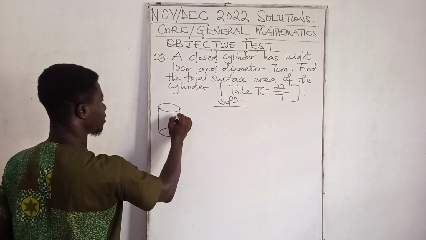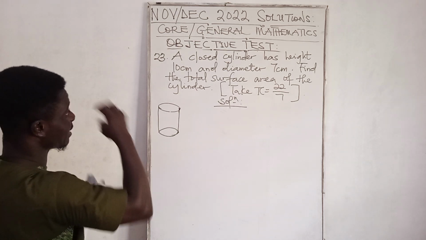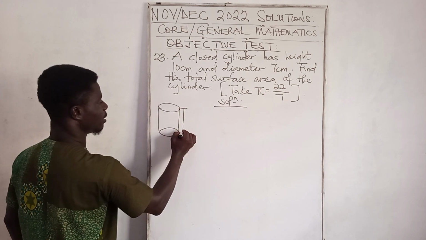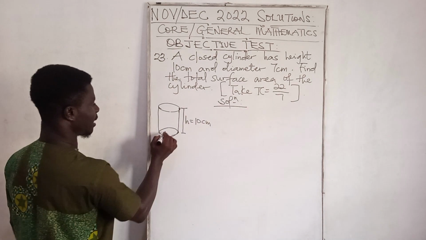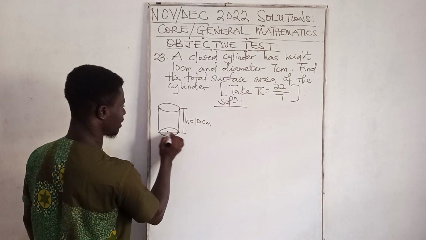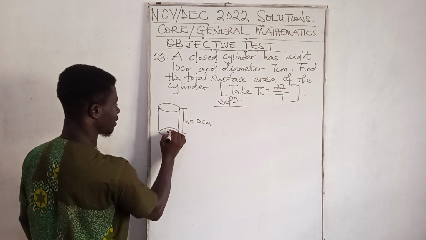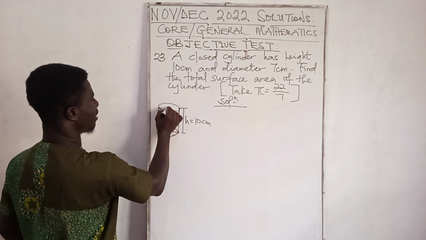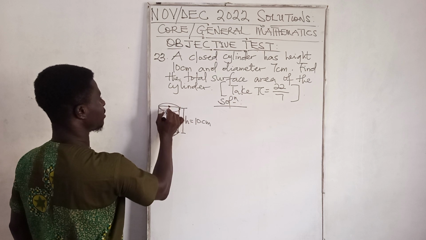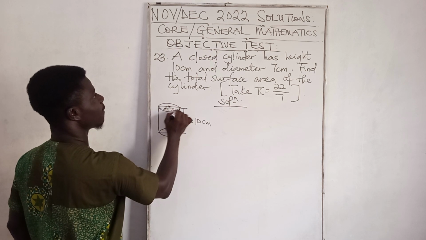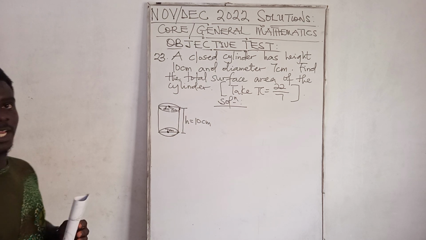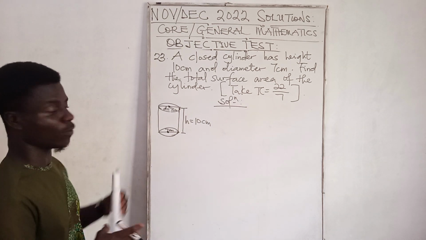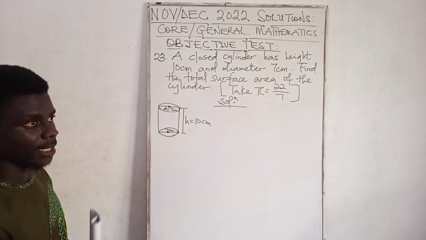A closed cylinder has height 10 centimeters, and diameter 7 centimeters. Find the total surface area of the cylinder. We have to find the total surface area of this required cylinder.